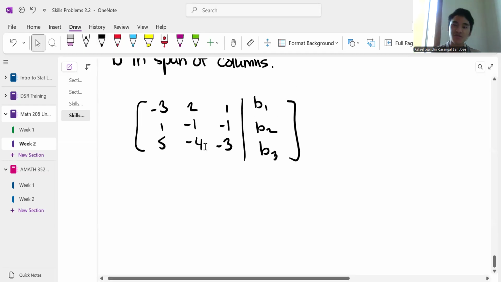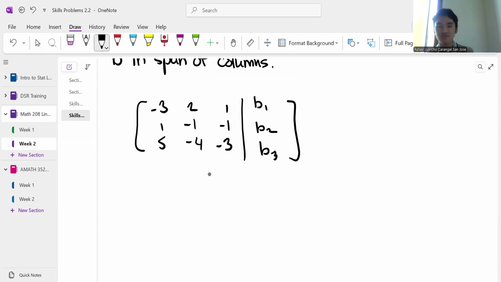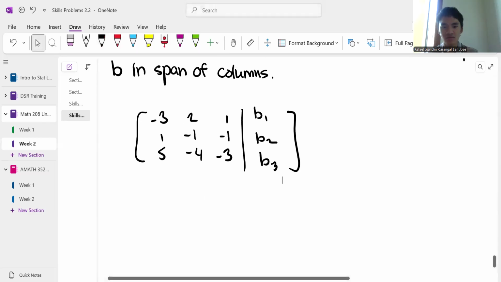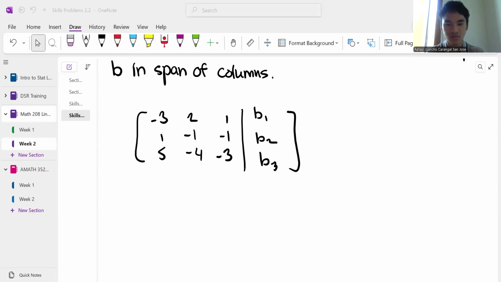We can convert them to echelon form, all of that stuff. And if we do that, I don't want to go through the hassle of doing it.